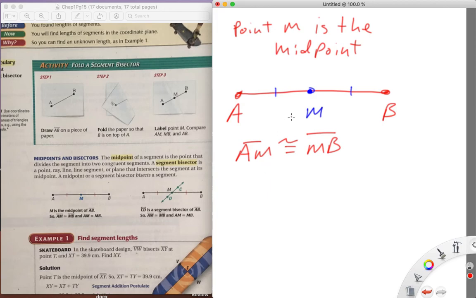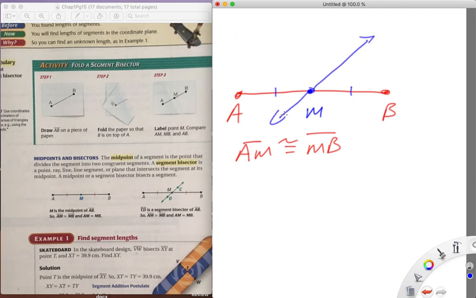Now, further suppose we have some particular point, line, ray, or line segment going through the midpoint. Then I have a segment bisector.